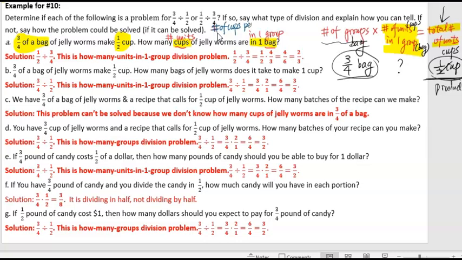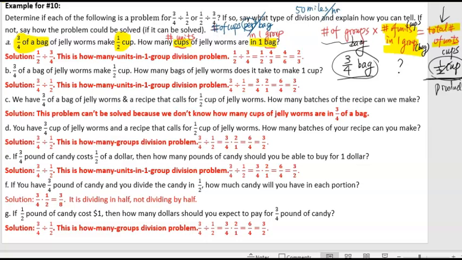I'm going to change that to per bag. Again, per means division. Whenever you see per, it means slash. Sometimes we say 50 miles per hour. Instead we use the word per, we just put a slash there.